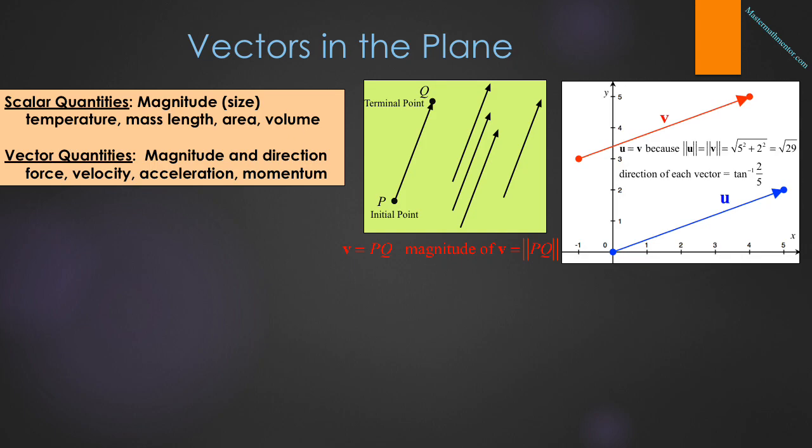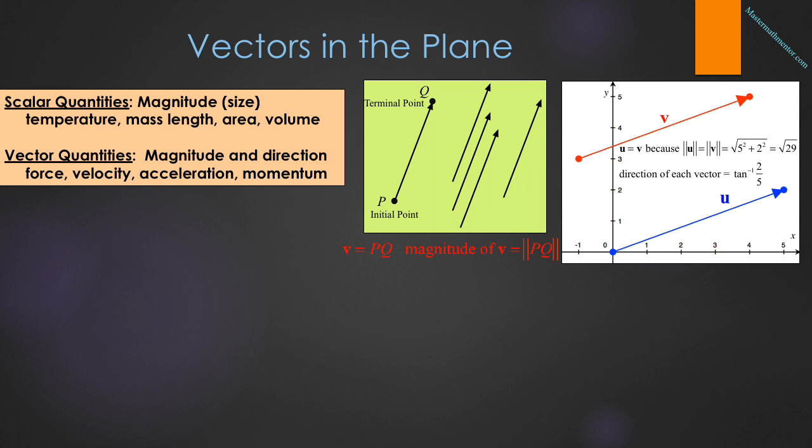In the graph, we have two vectors, u and v. Vector u starts at the origin and ends at the point (5, 2), while vector v starts at the point (-1, 3) and terminates at the point (4, 5). U and v are equivalent because the magnitude of u is equal to the magnitude of v.